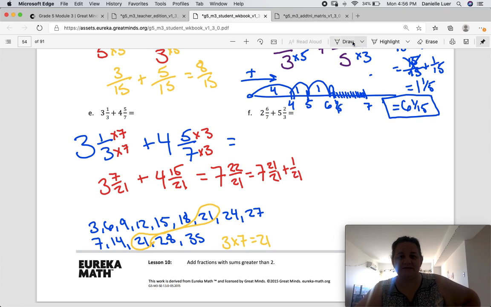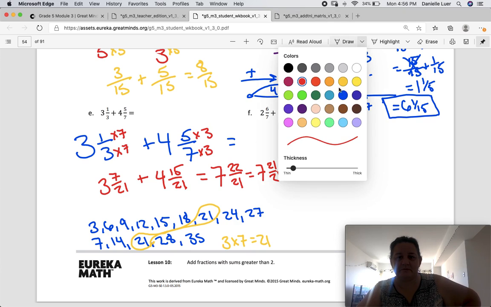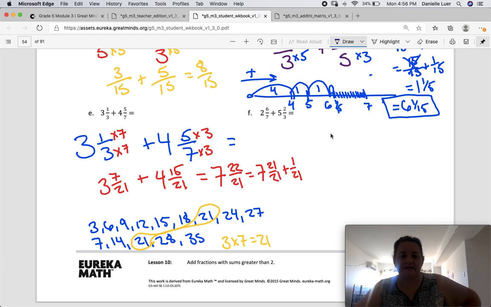And then what I can do right here is I can cross this off and make it into a 1. 7 plus 1 plus 1/21 equals 8 and 1/21.